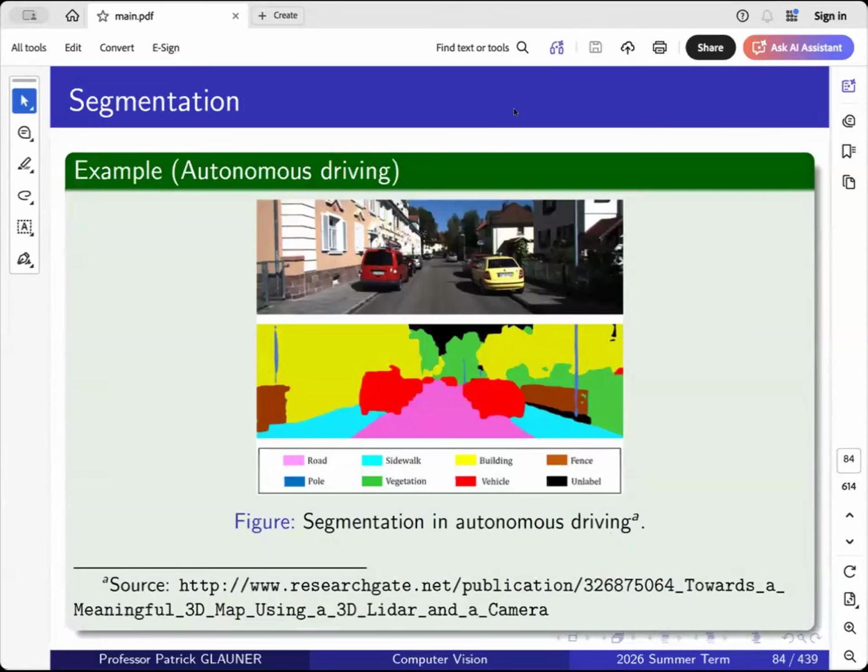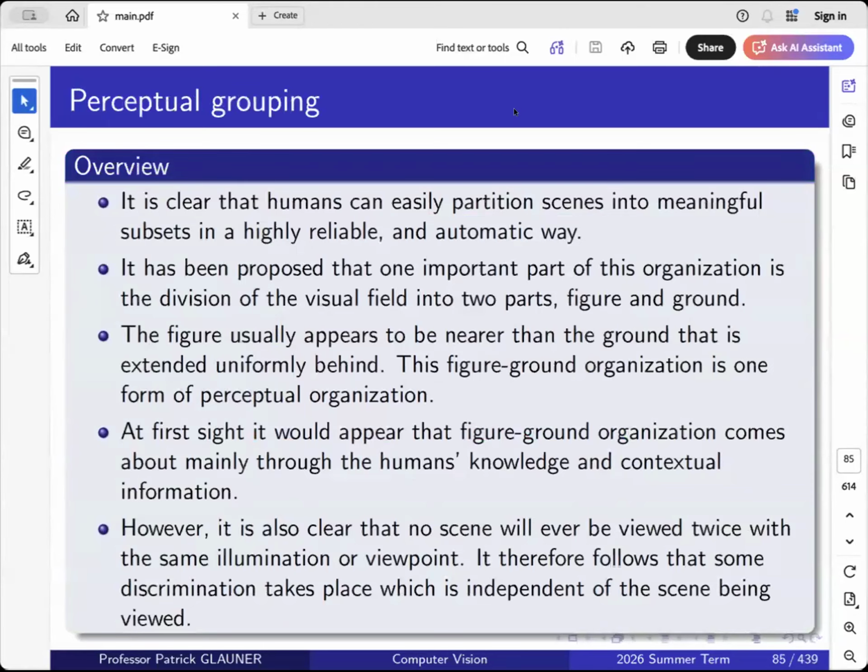Now, how can we actually do segmentation? There are lots of different approaches, and here's actually a lot of text, but this is mainly for your revision. You can do this for further reading, but I'll just tell you a little bit how I would suggest we can build segments.